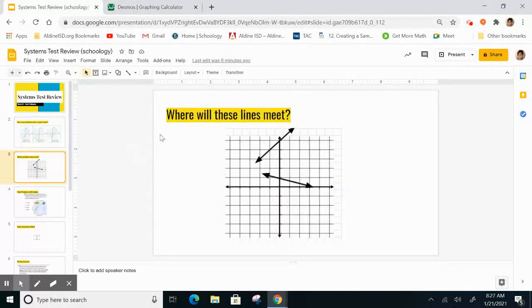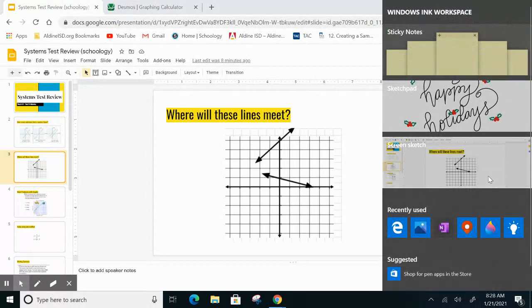Let's take a look here at where the lines are going to meet. So we know that the solution is going to be where the lines intersect, but right now these lines are not intersecting at all. But just because we don't see lines intersecting does not mean that the lines aren't going to intersect. Right?